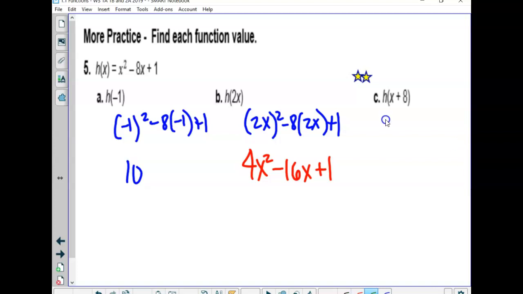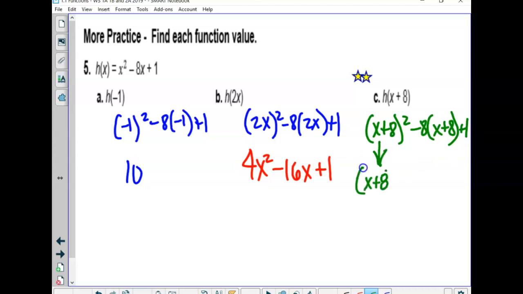Okay, this is the one everybody gets wrong, and so therefore I put it on the next quiz. Just to be mean and cruel. Put x plus 8 in. So we have x plus 8 quantity squared minus 8 times x plus 8 plus 1. Okay, this is what they get wrong. You have to FOIL out x plus 8 times x plus 8.